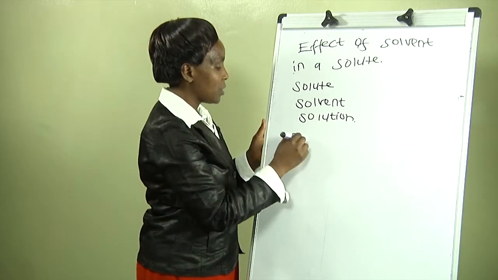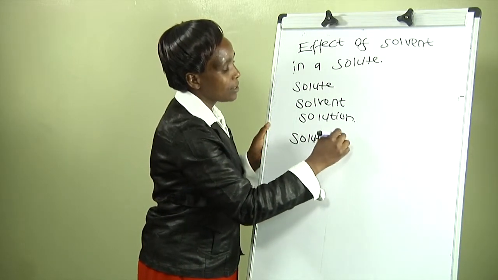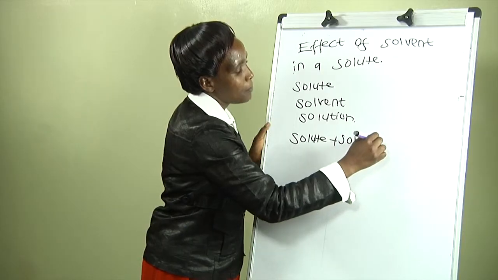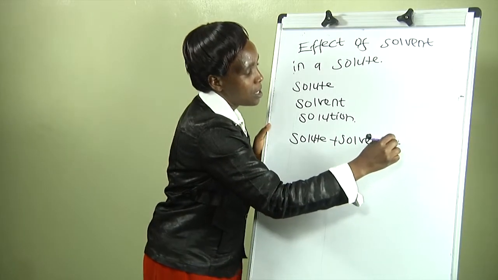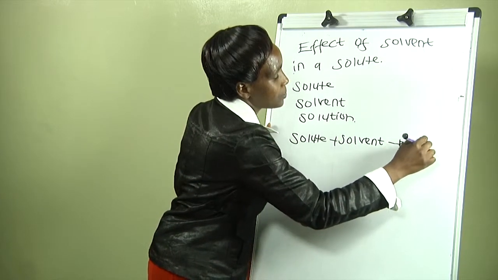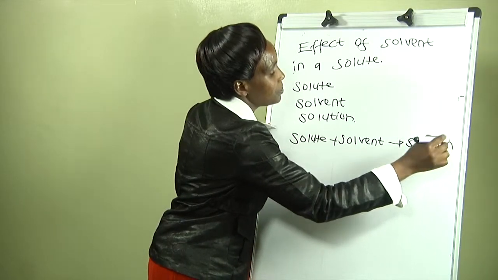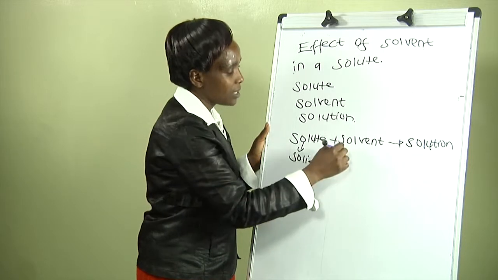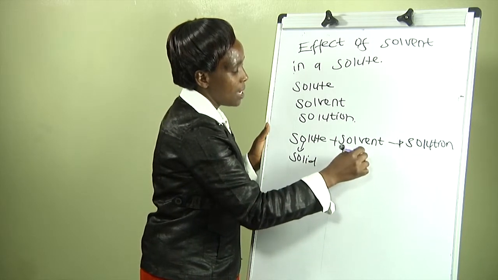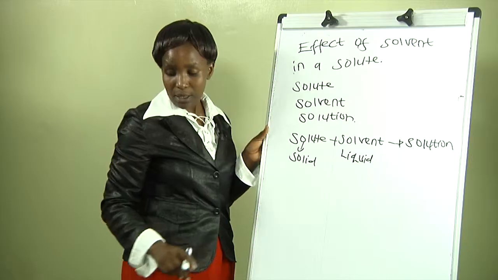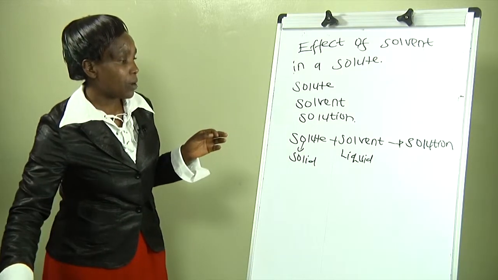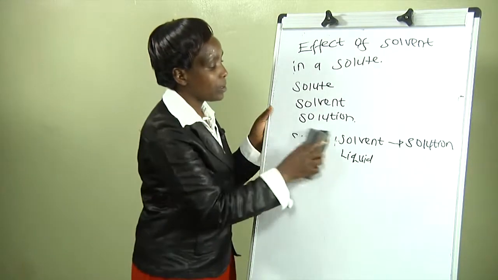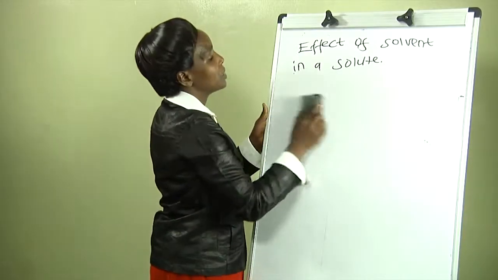Whereby we say that a solute plus a solvent is equal to the solution. Now, we know that the solute is the solid and the solvent is the liquid. And now the solution is homogeneous, depending on whether you are going to form a homogeneous solution or not.